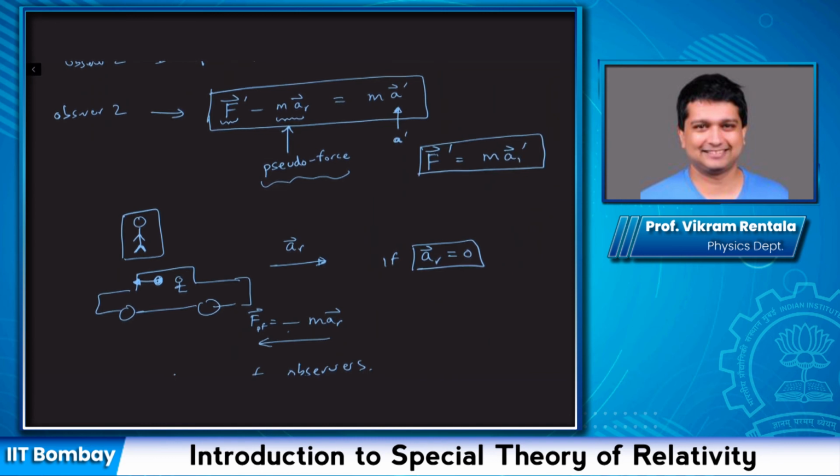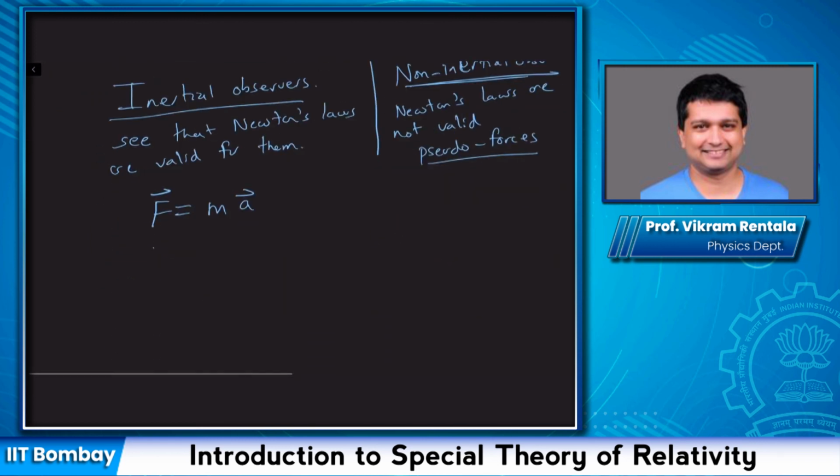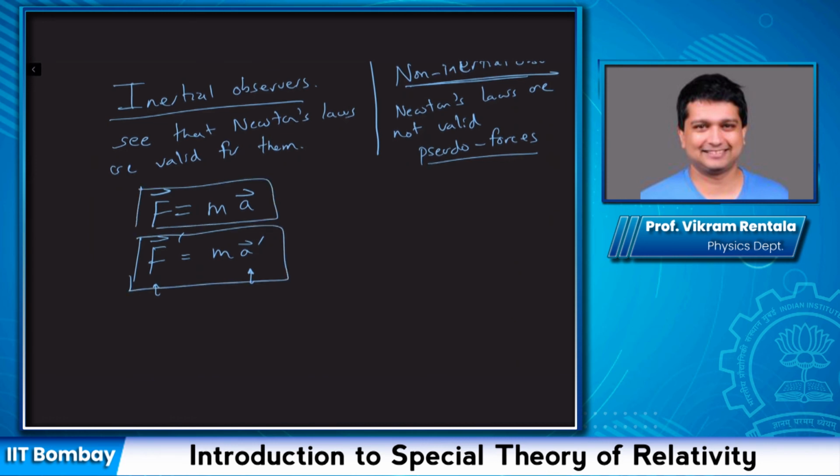Okay. So the same law is valid for observer 2 as it is for observer 1. That is, observer 2 would see F prime is ma prime. The force, I have to use a dictionary, and we say that the force is the same. And the acceleration, I apply my dictionary and find the new acceleration, and I find that when I apply the dictionary, Newton's laws are valid for the second observer and for the first observer.